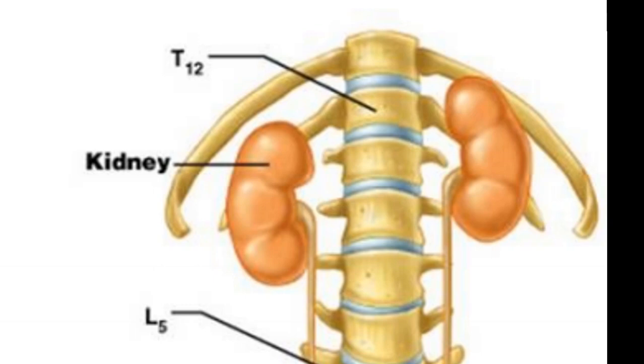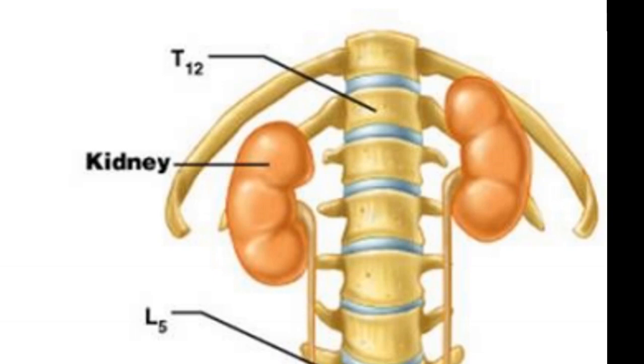The upper pole is broad. This is very important: the upper pole is broad and is in close contact with the corresponding suprarenal gland. The lower pole is pointed.